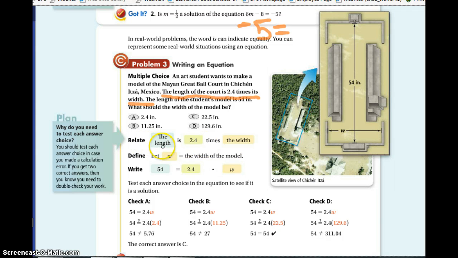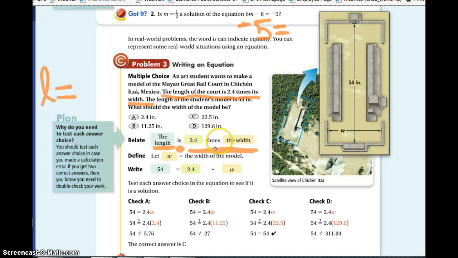So if I was to write that out, the length of the court is 2.4 times the width. Now, the word is was one of those key words. It directly translates into an equal sign. So the length, I would probably put the length as being L. Length is 2.4 times the width.